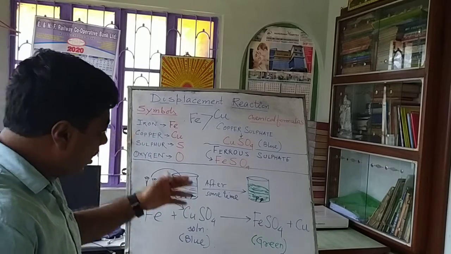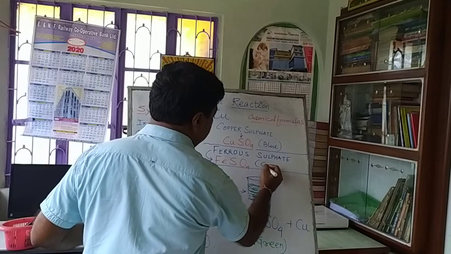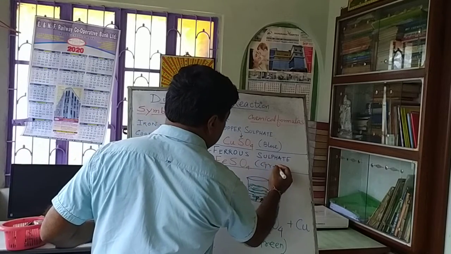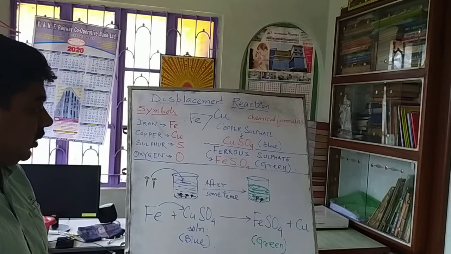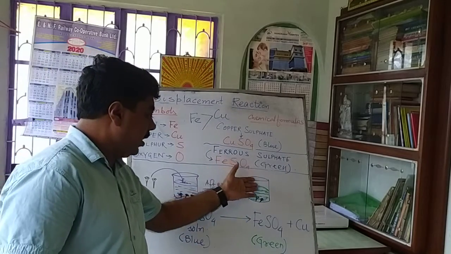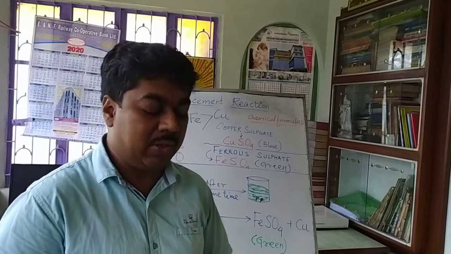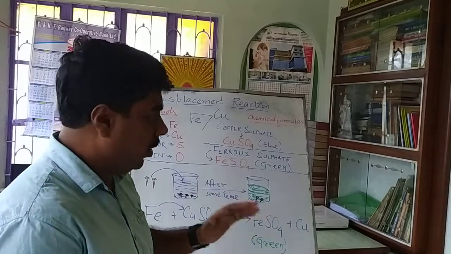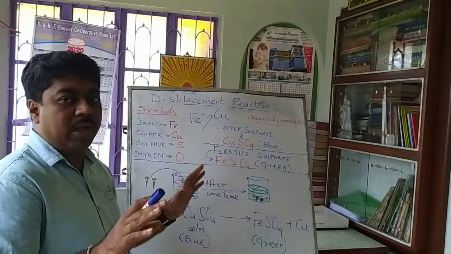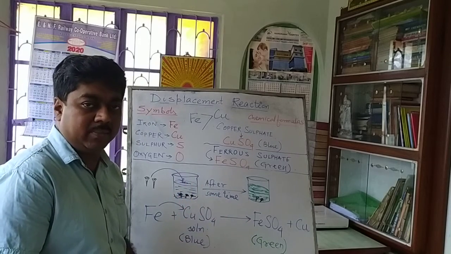The color of this ferrous sulfate solution is green because ferrous sulfate is a green colored metallic salt. So that's the reason you are seeing the solution color changing to greenish. So this is a chemical magic that will occur in front of our eyes in our observation if it is done practically.